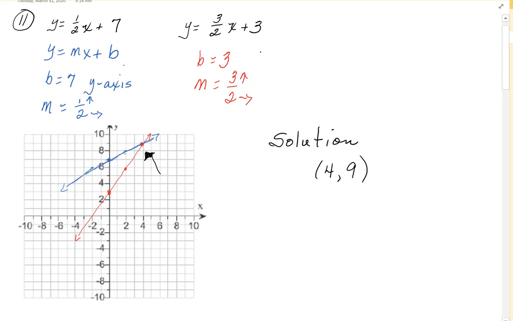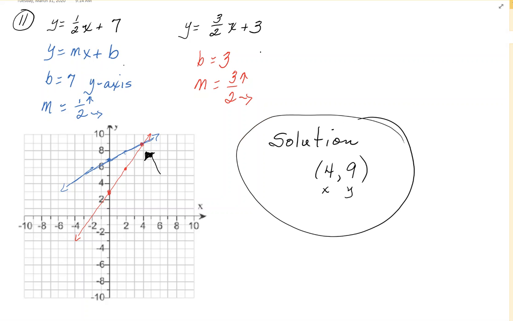Now you could check it. I'm not going to take our time to check it, but you could put 9 in for y and 4 in for x in the first equation, y equals 1/2 x plus 7, and it should be true. You could then put it in the second equation, y equals 3/2 x plus 3, and it should be true. And it's the only point in the entire coordinate plane that is true for both.